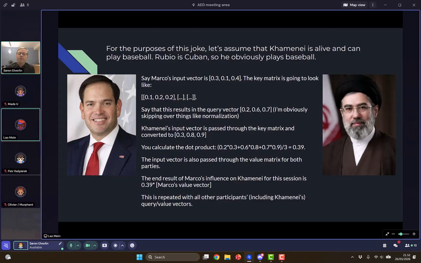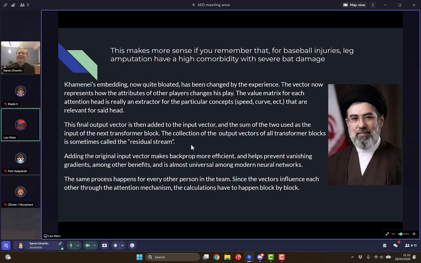Right, yeah. Okay, I think the baseball thing has outstayed its welcome because now we're talking about clones. Anyways, so Hamane's embedding has been changed by experience. He is not just a platonic Hamane.